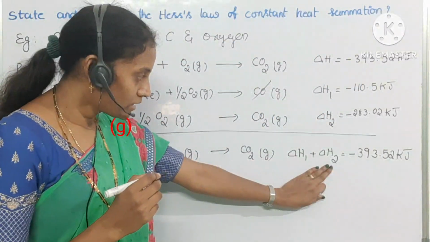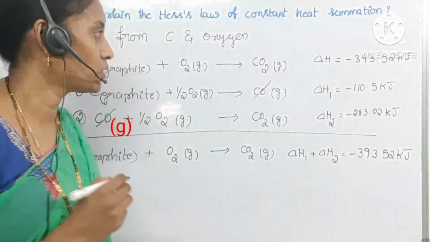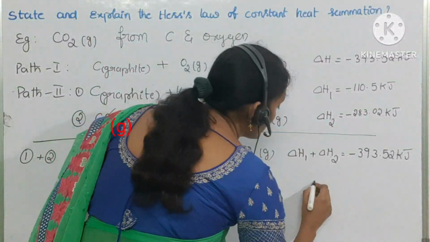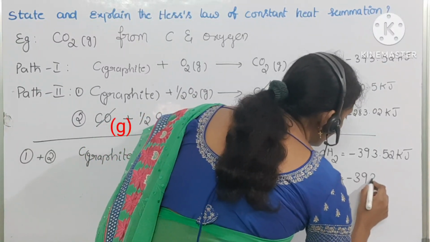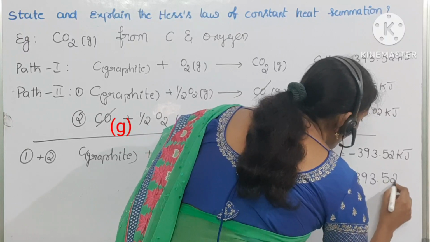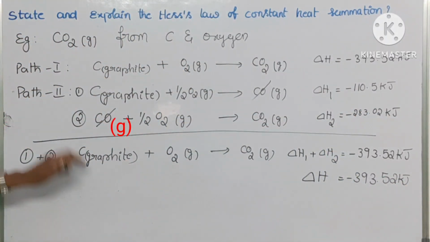Delta H1 plus delta H2 equals minus 393.52 kilojoule, so delta H equals minus 393.52 kilojoule. See, this indicates Hess law.